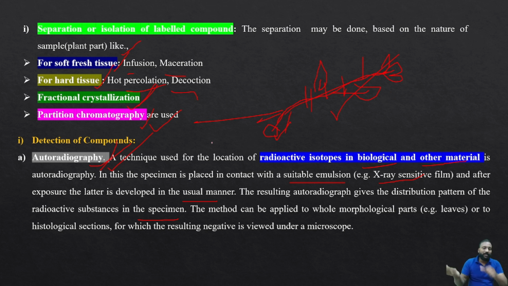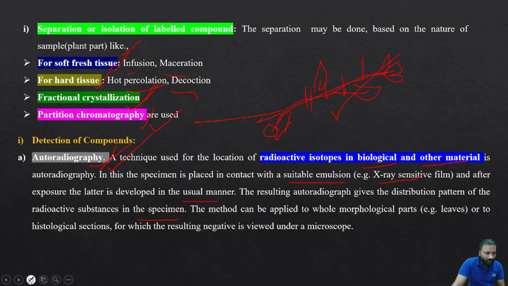I place the entire leaf or shoot, everything. If anything shows an emission or a distribution pattern of radioactive substance, it will be observed, so at that location the radioactive isotope is there. It is nothing but detection of radiolabeled compounds.